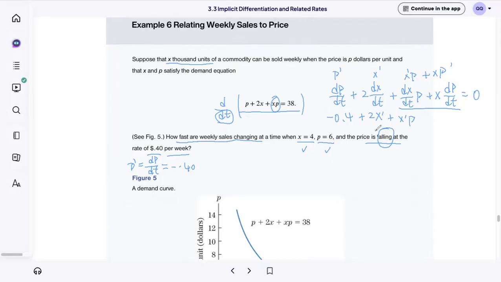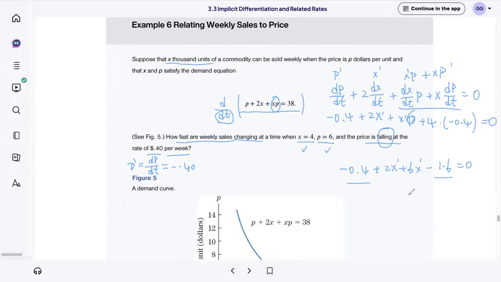Well, p is given as 6. Then plus x is given as 4 times dp/dt, negative 0.4 equals 0. So we got a negative 0.4 plus 2x prime plus 6x prime minus 1.6 equals 0.